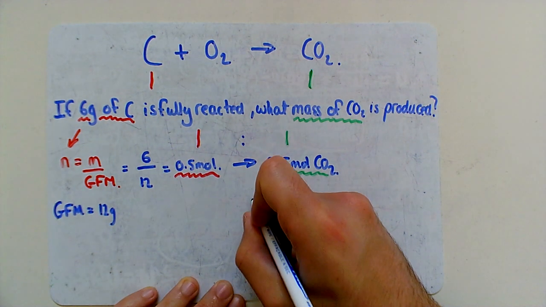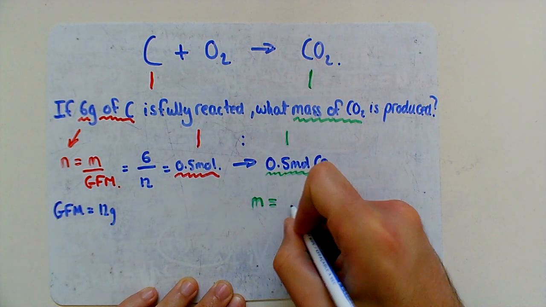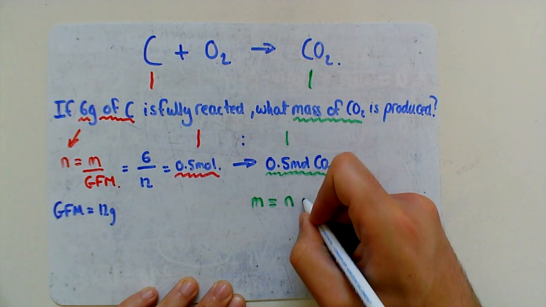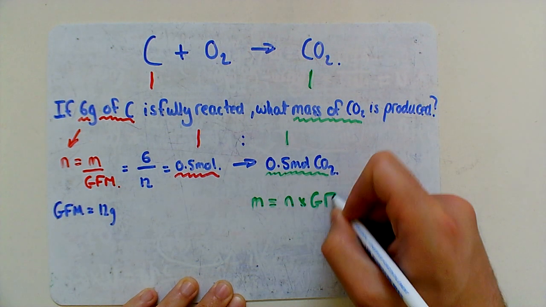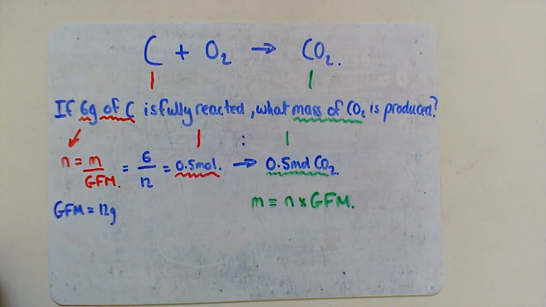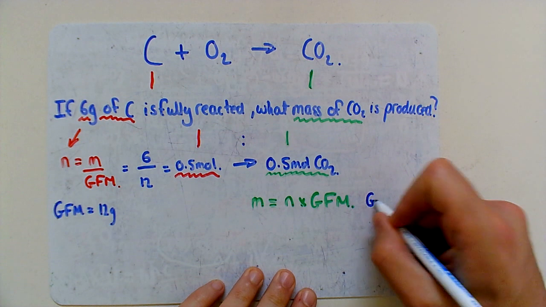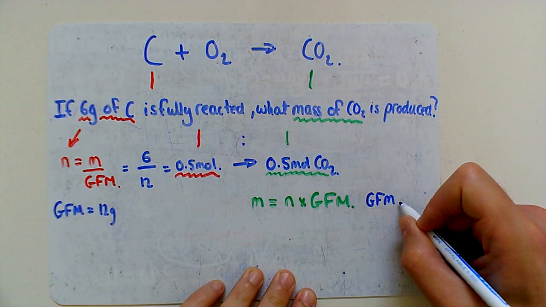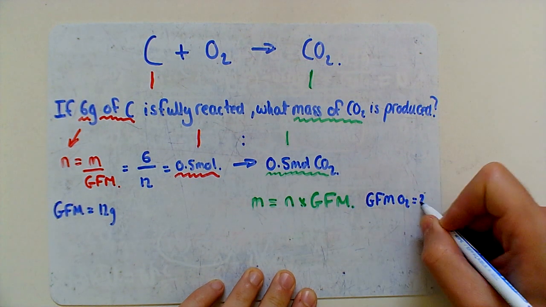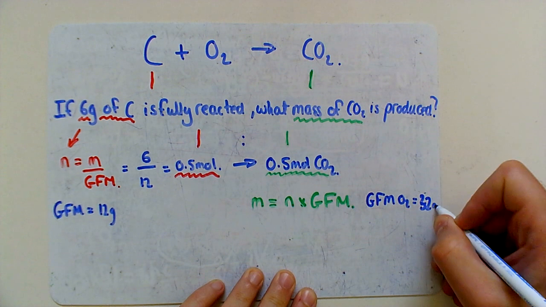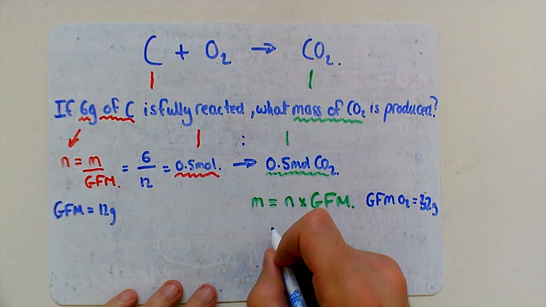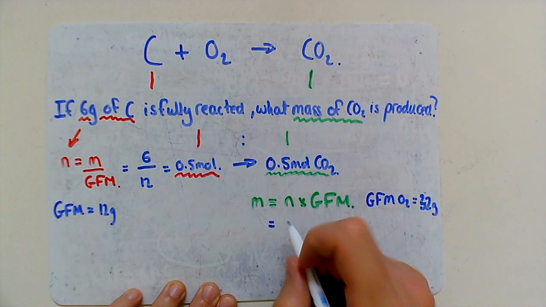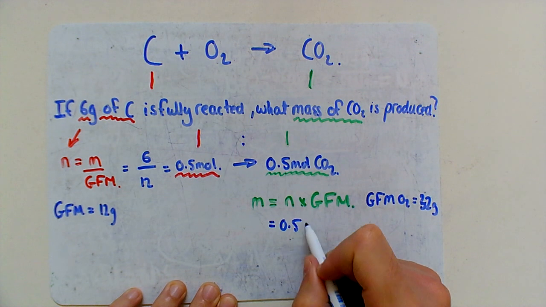So this time we have mass is equal to number of moles multiplied by GFM. Now the GFM of CO2 is 44 grams. So we fill it in, we know that the moles is 0.5.